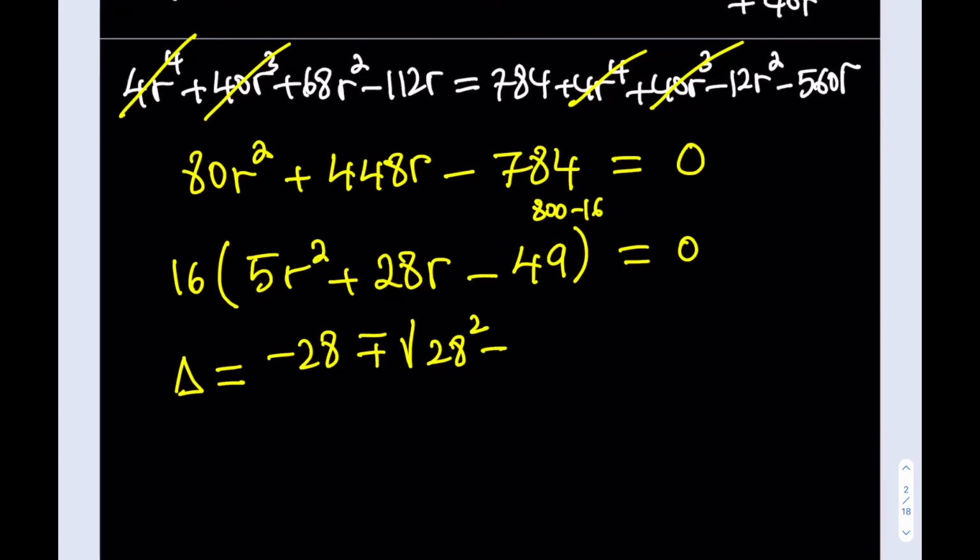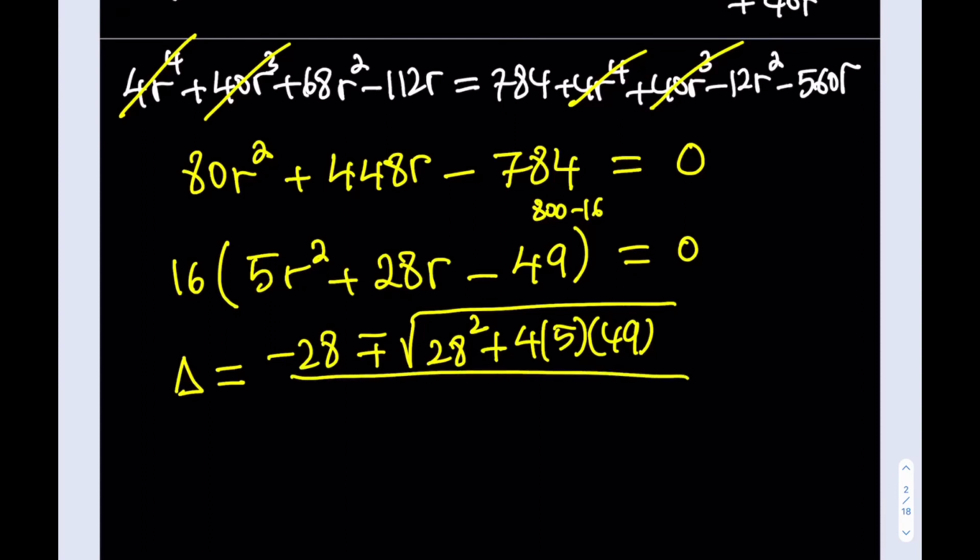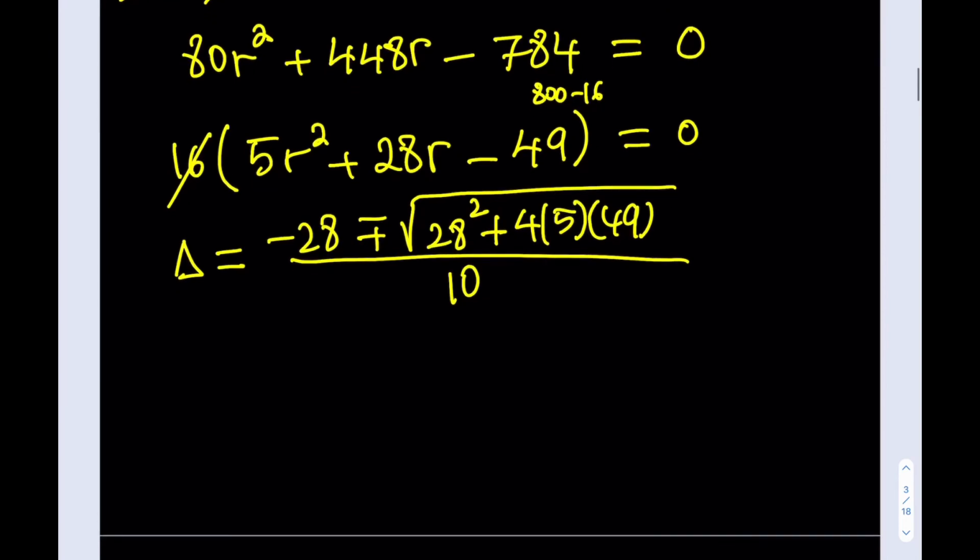So that's going to be minus 4 times 5 times 49. Awesome. So 49 and 28 are both divisible by 7. Have you noticed that? Now I got rid of the 16 here and divide by 2a, which is 10. Beautiful. So actually both of these numbers contain 7 squared. So I can go ahead and take out a 7 here, right?